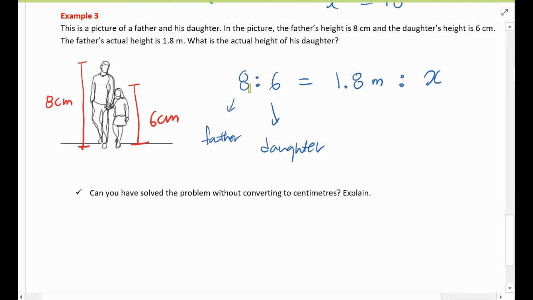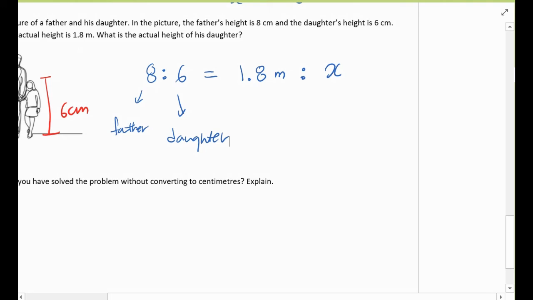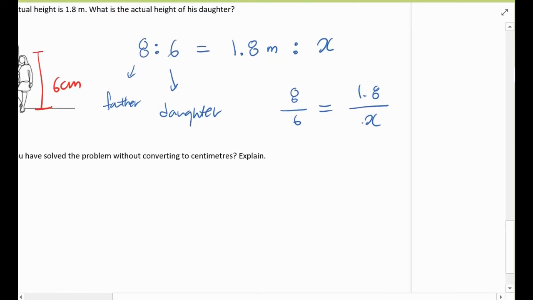Again, everyone, 8 is the father, and it's in the first number, so you have to put 1.8 meters in the first place here. Okay? All right. Let's use cross multiplication. 8 over 6 is 1.8 over x. 8 times x is 6 times 1.8.